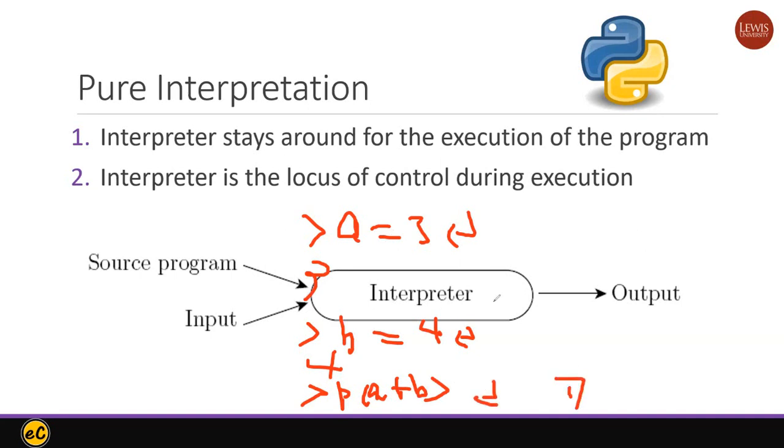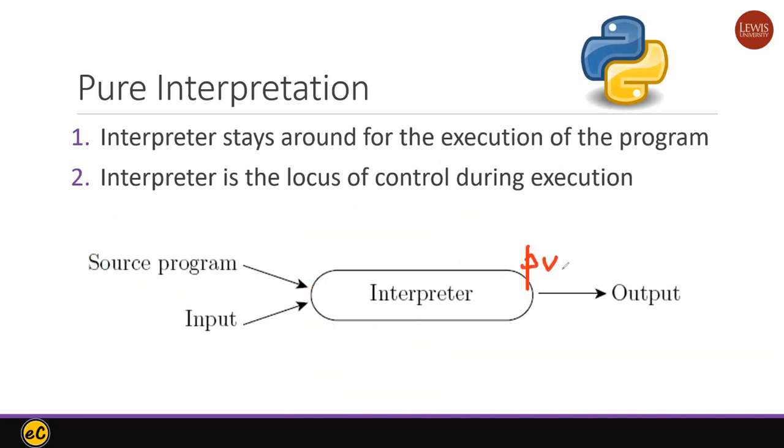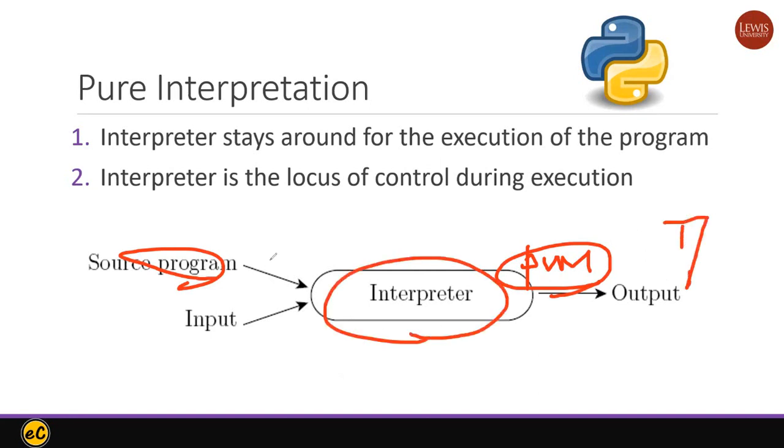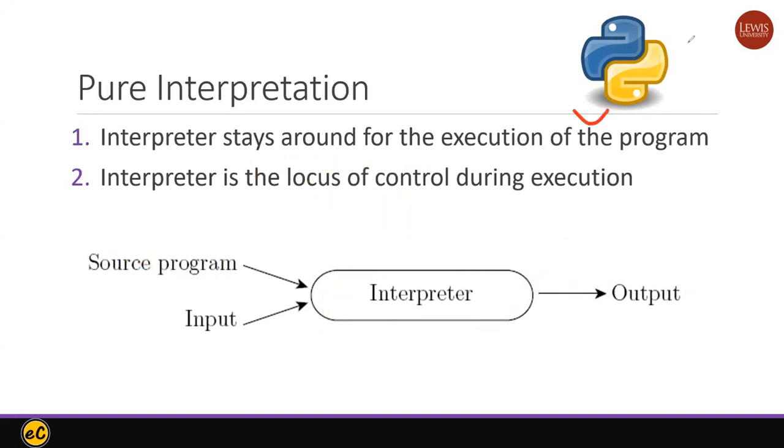So that is pure interpretation. That means you get the program in, and there's a Python virtual machine here. Your language is run on a virtual machine, and it gives you 7 right away. So that's actually an interpreter, where every line of code is translated once, and that's interpretation. So this is pure interpretation. Typical languages are Python and JavaScript.